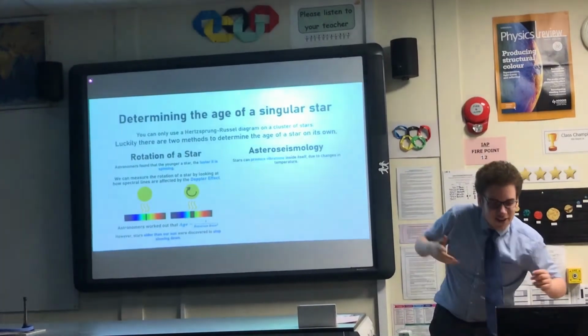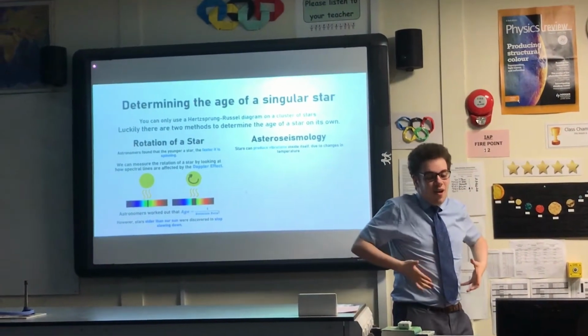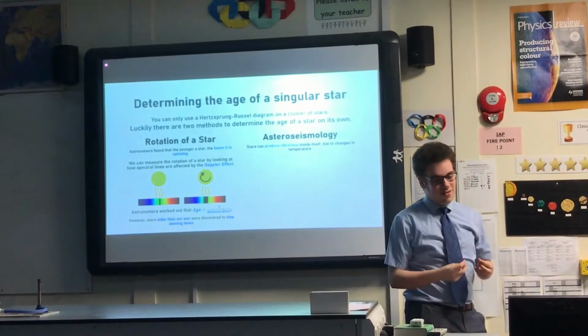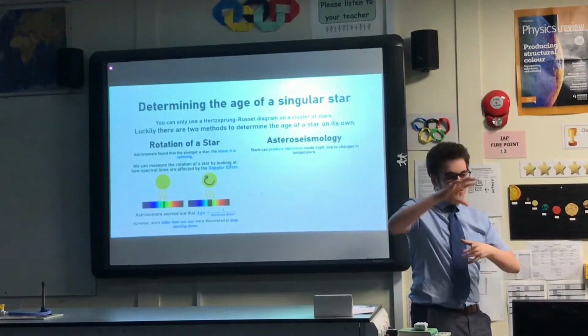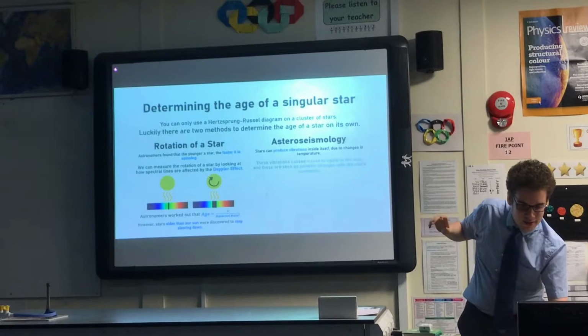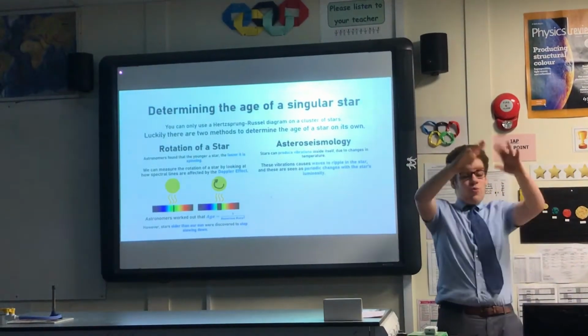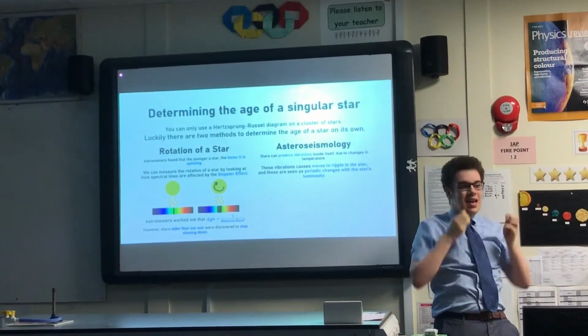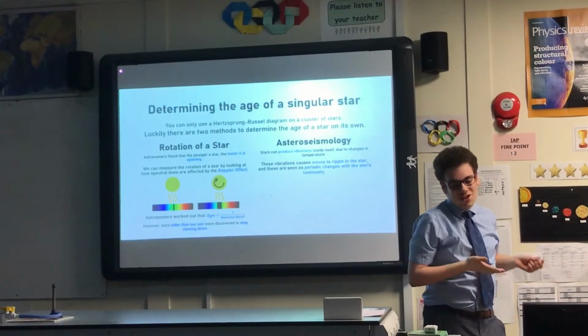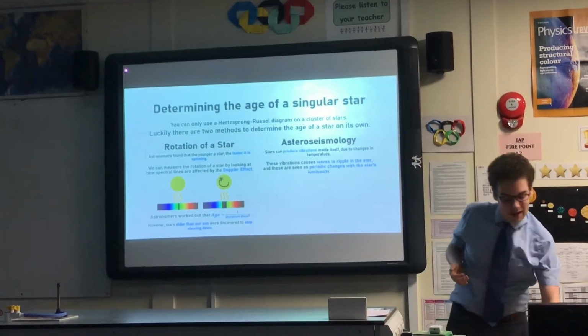Well, stars can produce vibrations inside themselves, and this is due to fluctuations in the temperature causing waves. These vibrations cause waves to ripple inside the star, and we can see that as periodic changes in the star's luminosity.